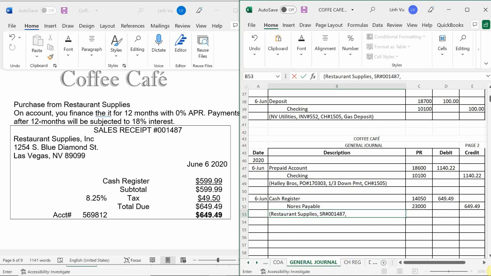Okay, you have the account number, $5,698.12. You don't necessarily need to put it on your journal, but it's definitely something you need to put in your subsidiary ledger. And that's it.